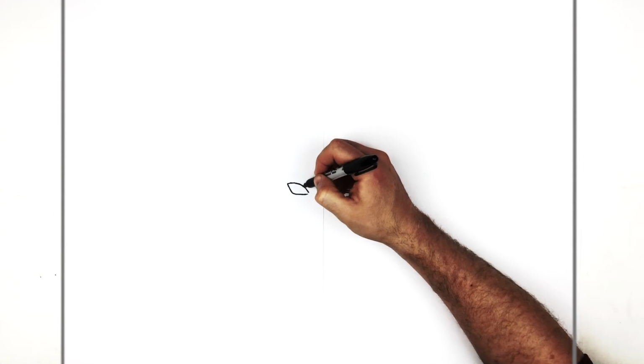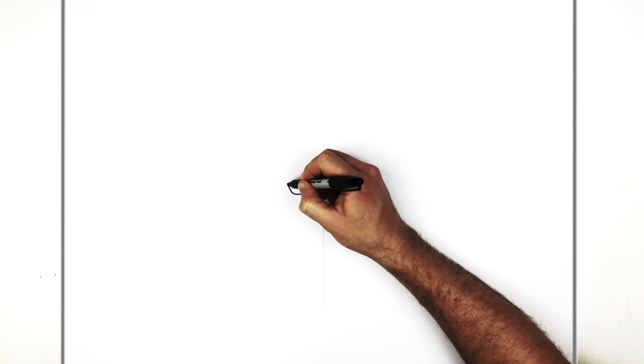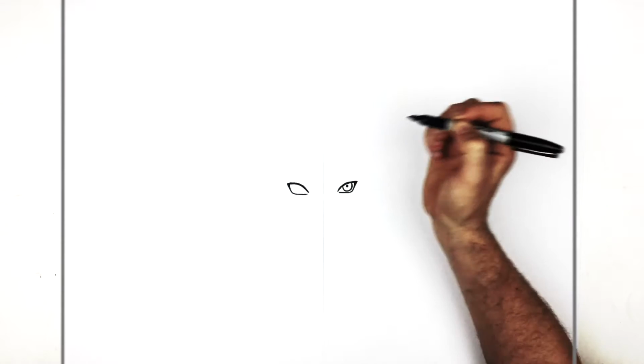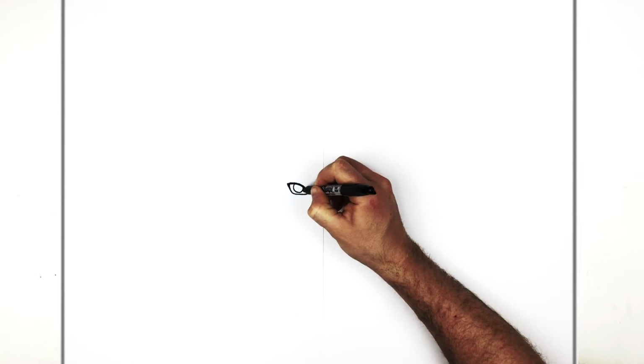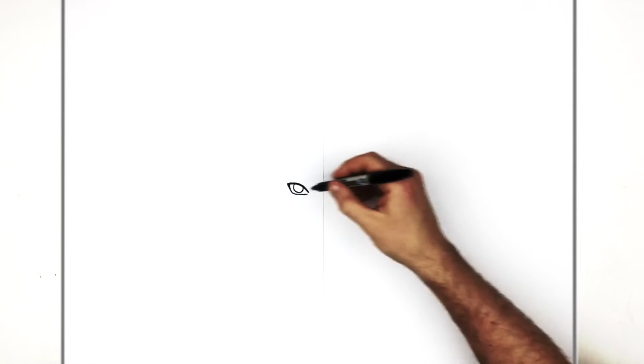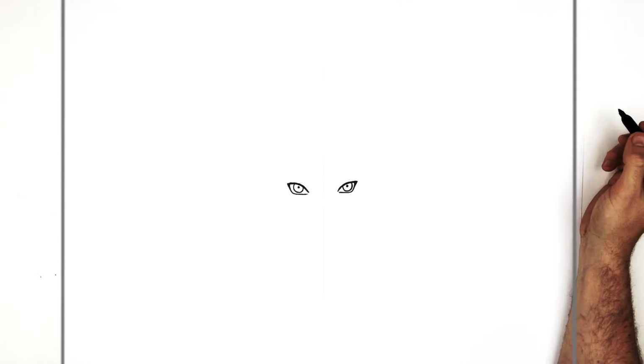And you can thicken up the top eyelid again like so, maybe a little bit down here as well, like that. And then his iris, like so, a circle with the top cut off, and then his pupil just there.